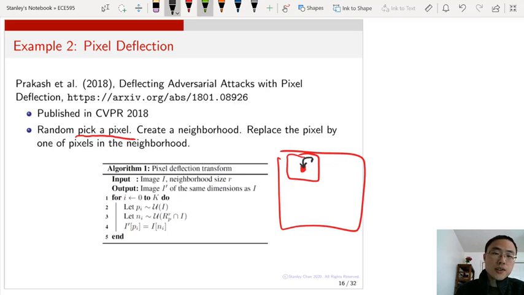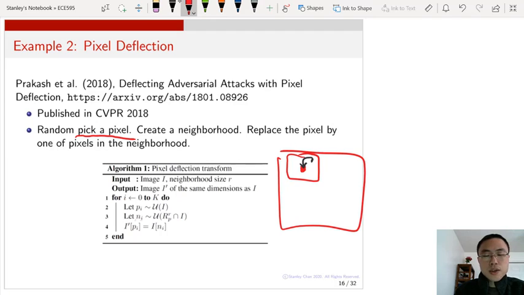Okay, so here is the algorithm. The algorithm says that I'm going to pick a p_i from your image I, and this U stands for the uniform distribution. So uniformly, I will pick a pixel and then replace it by something else. Now, what do I mean by something else? This N would be your neighboring pixel, and it's coming from this neighborhood, and you're also trying to draw a sample uniformly from the neighborhood.